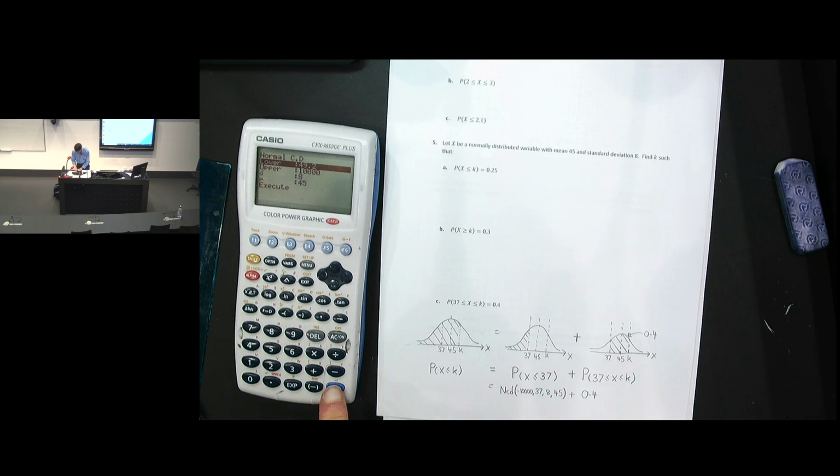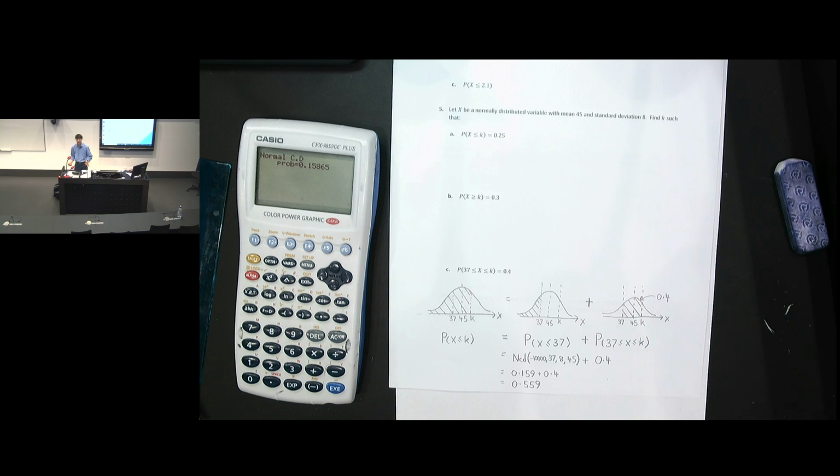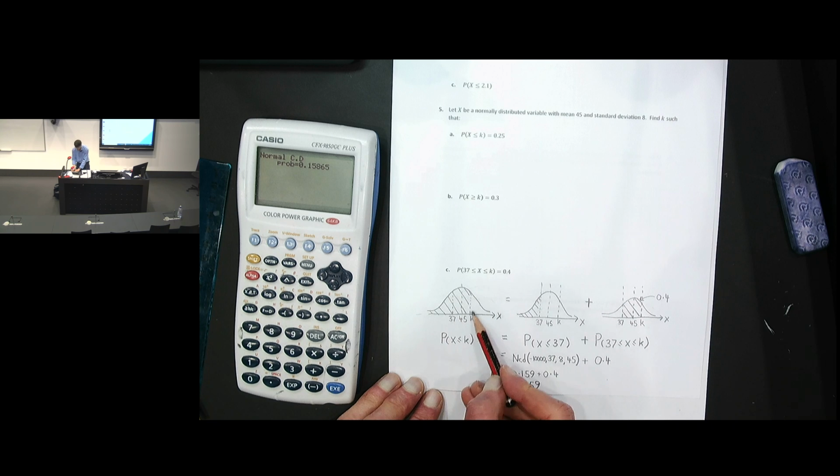So if we put those numbers in and calculate it, we actually get 0.159, and add the two together. So in actual fact, oh my goodness, we've done it. Now we know what this whole big area here is. It's equal to 0.559.